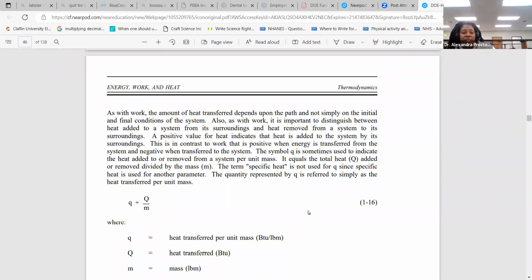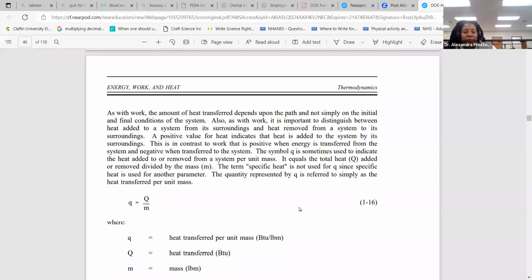And that's a contrast to a positive when energy is transferred from one system and negative when it's transferred to another system. So the symbol lowercase q is sometimes used to indicate that heat is added or removed from a system per unit mass. So the total heat, capital Q, added or removed is divided by mass.